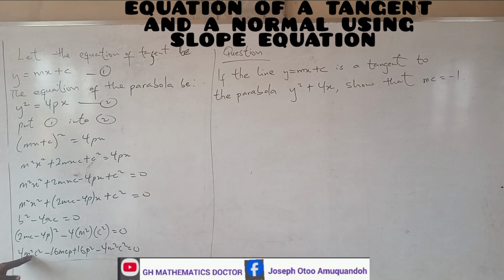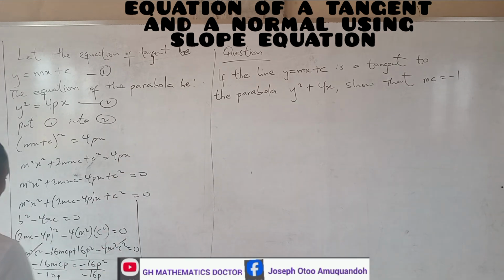The 4m squared c squared and the negative 4m squared c squared cancel out. So we are going to have negative 16mcp equal to negative 16p squared. So we divide both sides by negative 16p.